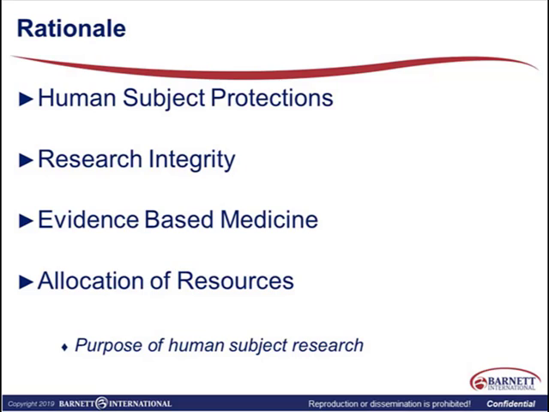And it also allows us to consider allocation of resources, so we're not duplicating efforts, so funding is not going to studies that have already been proven. So this really is the purpose of human subject research, of good clinical practice, getting credible data from protected subjects, providing information, products for the public's health.